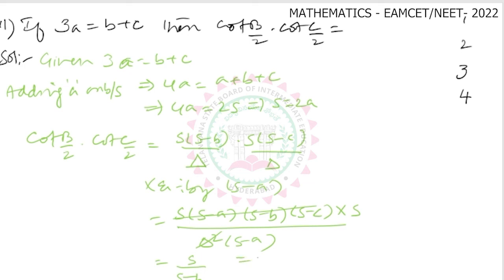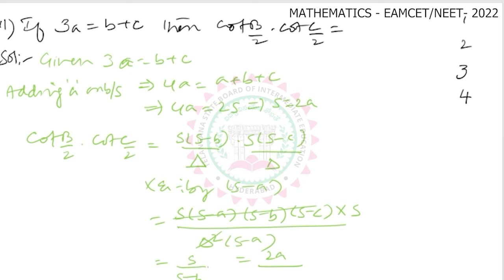So what is s? s is equal to 2a, right? What is in the denominator? s minus a.